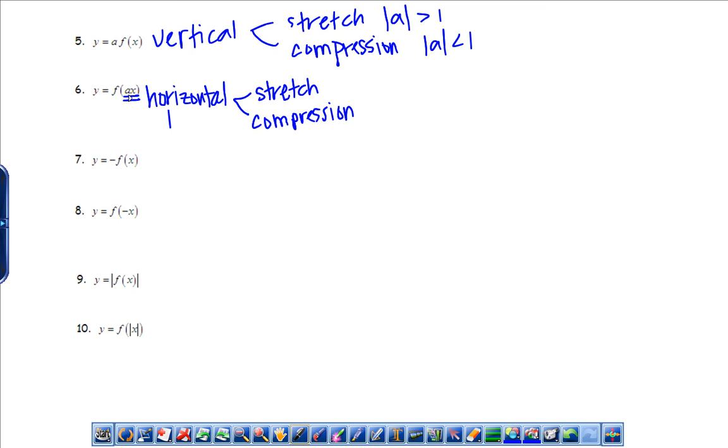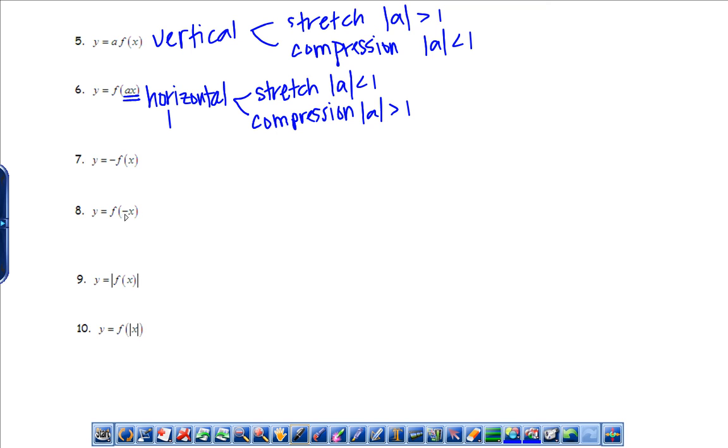Since it's inside the parentheses, you need to think opposite of what it is. I still want you to do an absolute value, but the stretch is going to be less than 1 this time, and the compression is going to be, absolute value of a is going to be greater than 1.